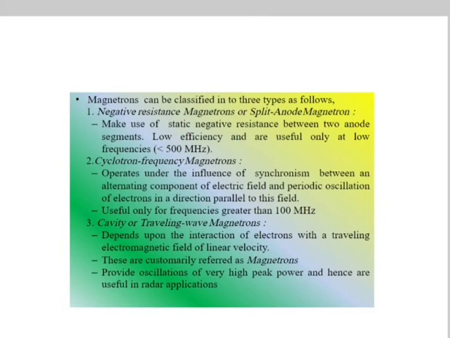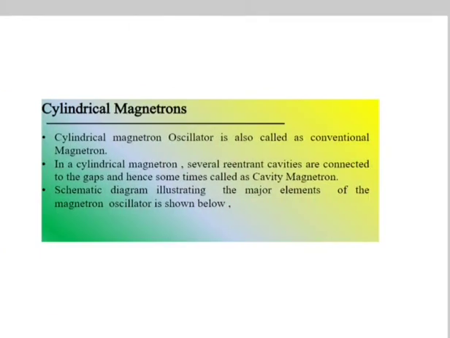These are customarily referred to as magnetrons, and they provide oscillations of very high peak power and hence are useful in radar applications. Then cylindrical magnetron oscillators are also called conventional magnetrons. In the cylindrical type, several cavities are connected. Several return cavities are connected to the gaps and hence it is sometimes called a cavity magnetron.